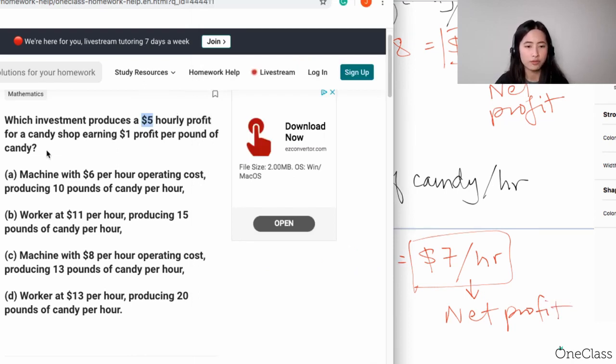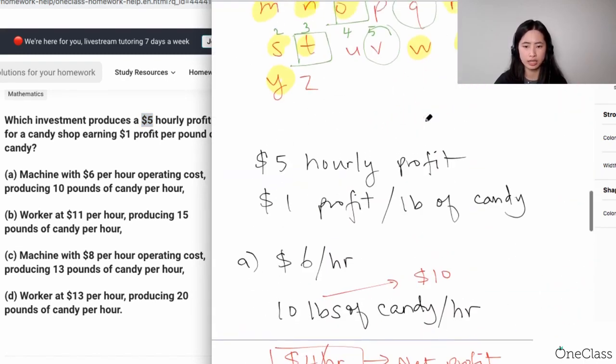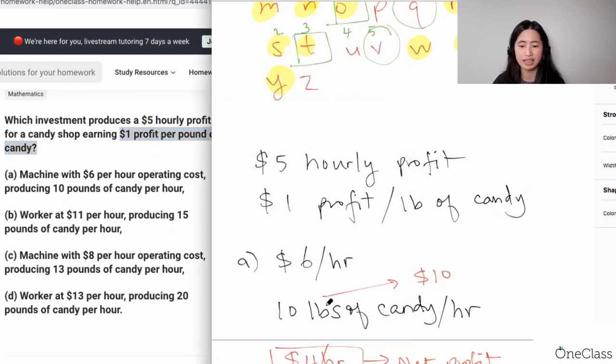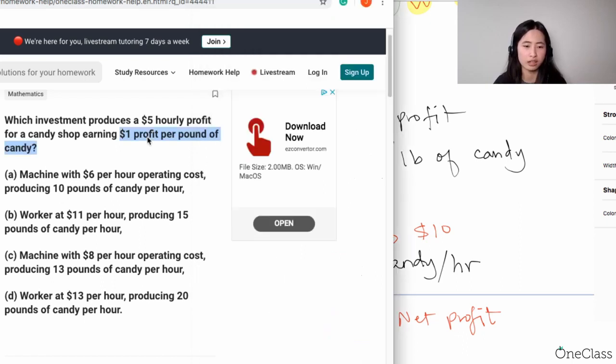And also, just so you're wondering, earlier I said this was 10 pounds of candy and this is $10, because the question says you're earning $1 profit per pound of candy. That's why I know that this is $10 and this is 10 pounds. For every pound, if you have 10 pounds, you need to multiply that by $1, because it's a dollar profit per pound.